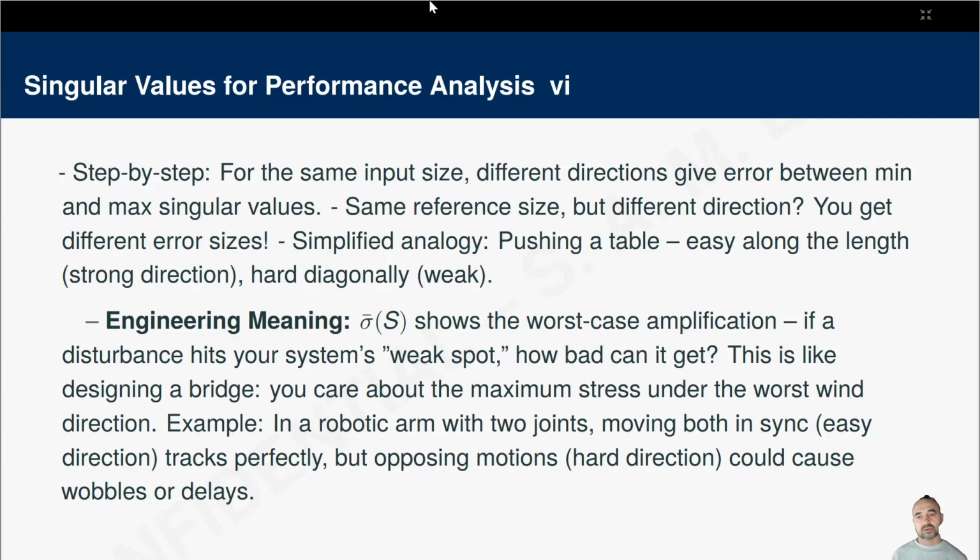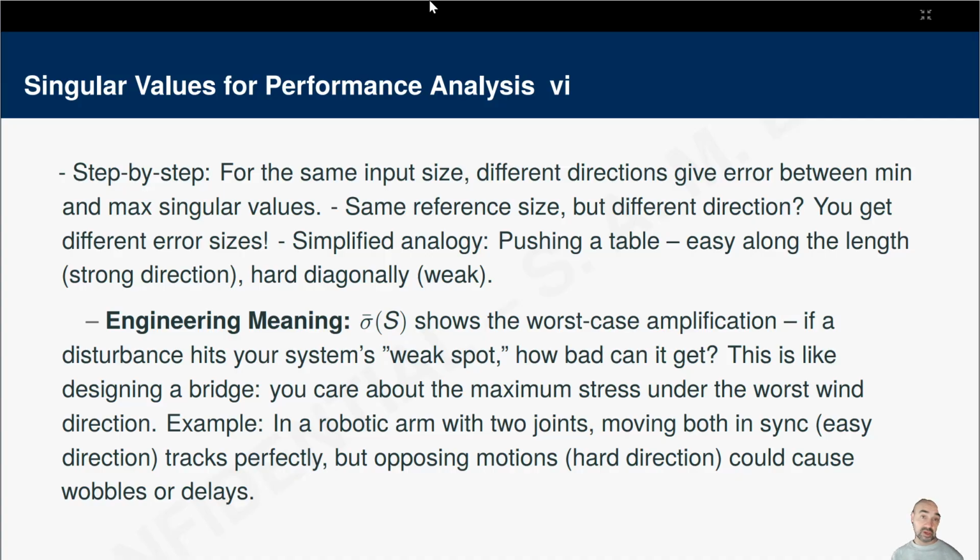Another example: in a robotic arm with two joints moving both in sync, the easy direction, it tracks perfectly, but opposing motions, the hard direction, could cause wobbles or delays. So if we have the same reference magnitude but different directions, we always get different errors.